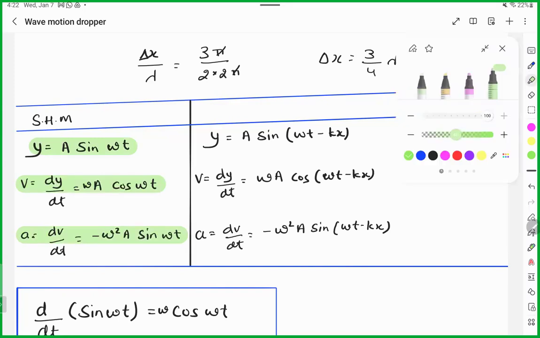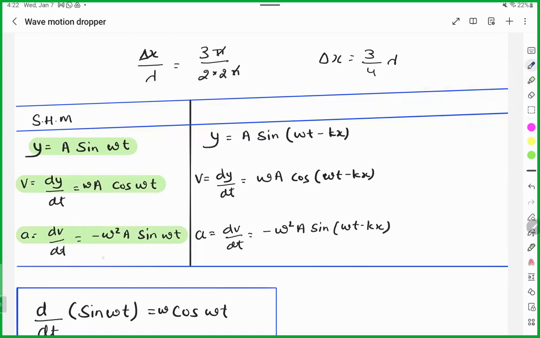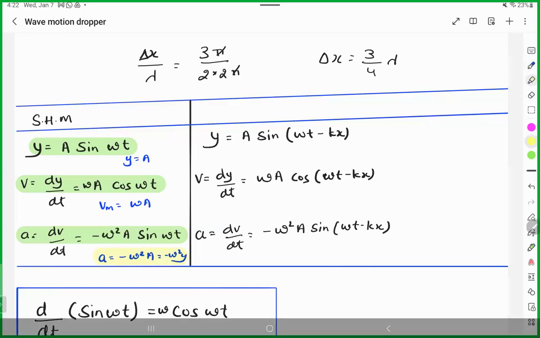For example, the maximum value of acceleration can be minus omega square A. Maximum value of velocity, omega A. Maximum value of Y, A. That's why Y is equal to A. You can also say minus omega square Y. Same here.